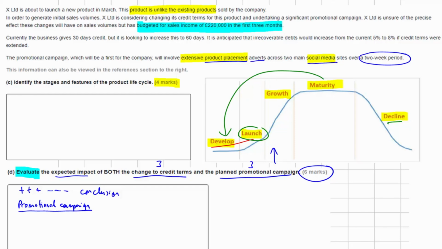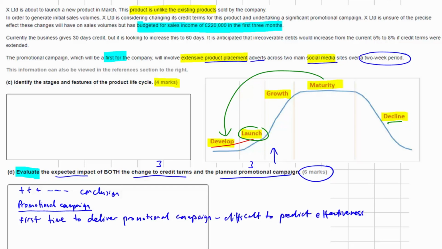So I think we need to recognise that this is the first time they've done that promotional campaign, so it's going to be difficult for them to predict the outcome of it. Based on the 2-week period, that seems quite a short period to try and launch a new product, so that needs to be questioned as well. And also their media, they're going to be using their social media sites to promote their product, but it seems that X Limited is selling to businesses.